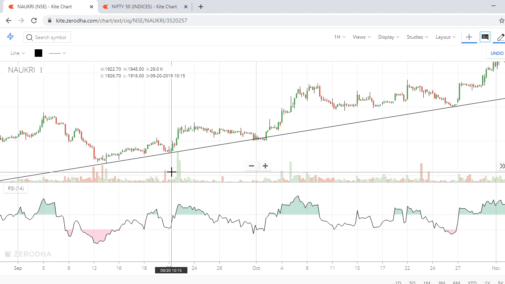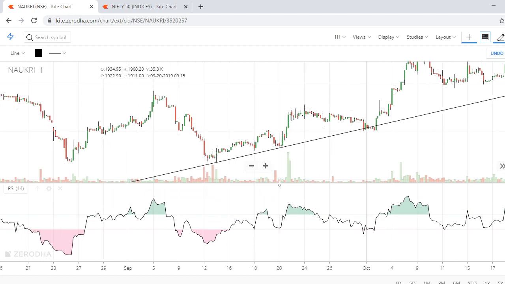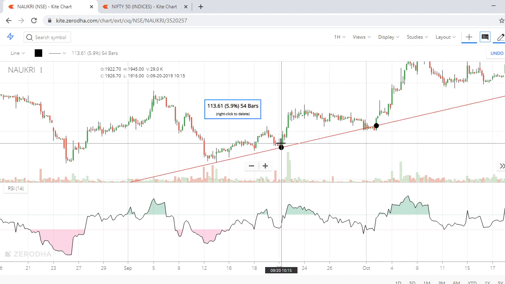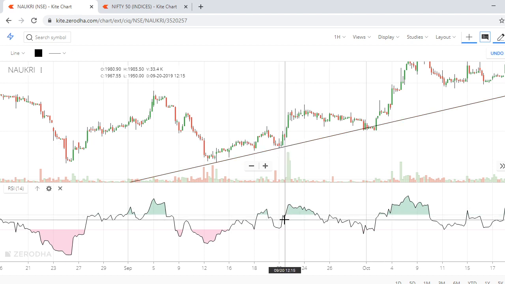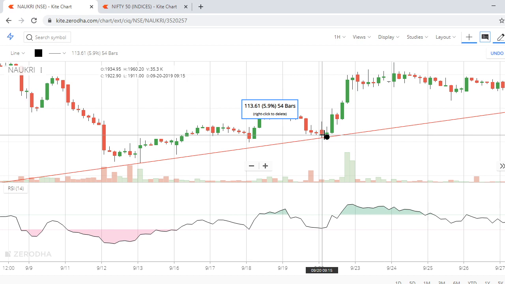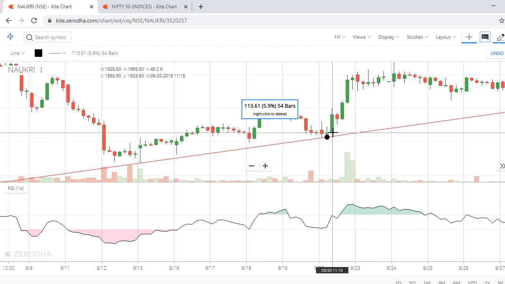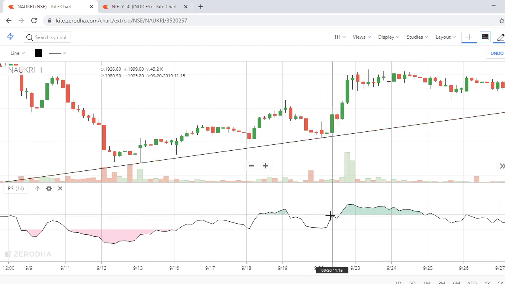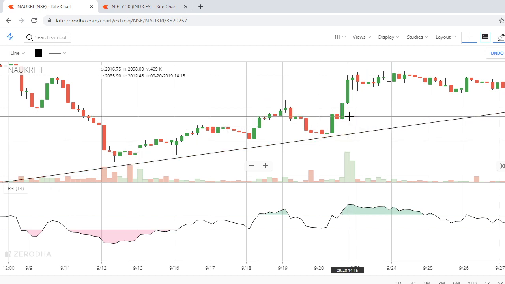Now see, there is a reversal candle in price action. Now I'll wait here, and the next candle the RSI starts close to 60 level. See there, this small candle, this candle is almost close to the 60 level. Now we can take an entry with this.